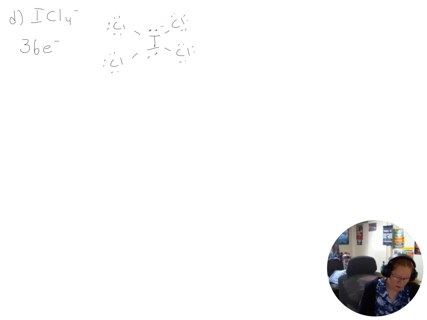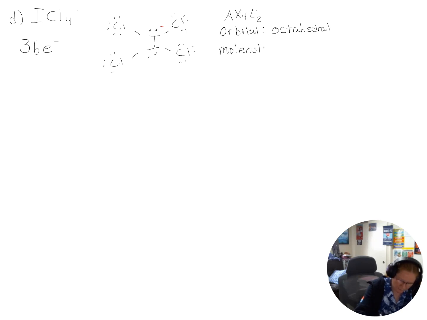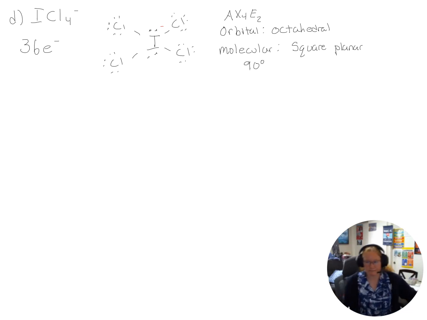So I have my central atom. I have 4 surrounding and 2 lone pairs. So what is 4 plus 2? 6. So our orbital geometry is octahedral again, and our molecular geometry is square planar. And our bond angle is 90 degrees. All right, last one.